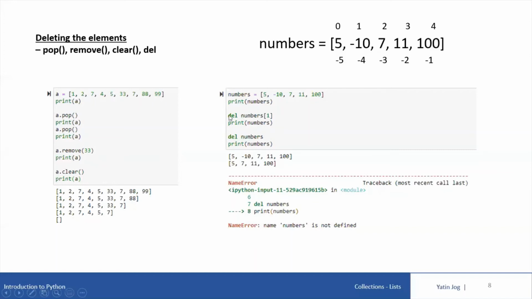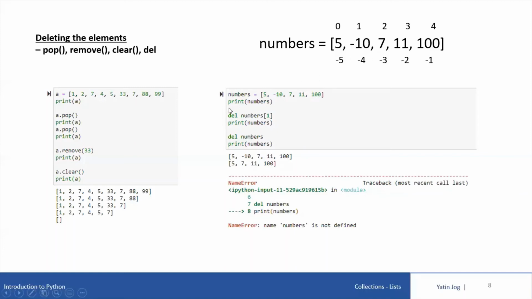Now there is another function which is del. When I say function, we can directly call this function and pass the values which we want to delete. So this is not a list method, it's a common function which we can use on any type of data. So right now I'm declaring a numbers list with these 5 values as shown in this diagram.